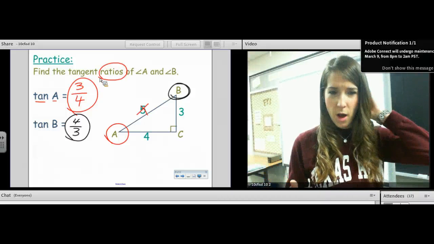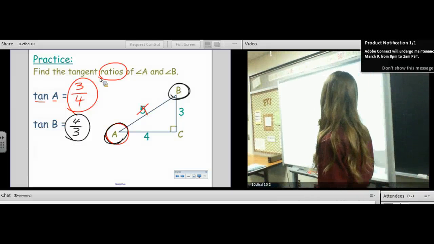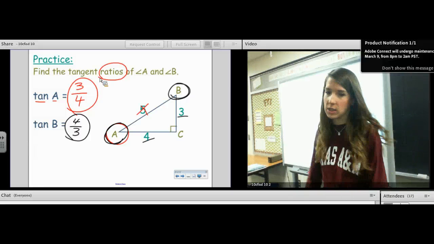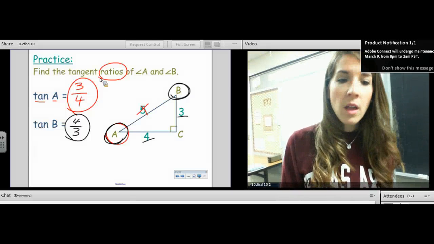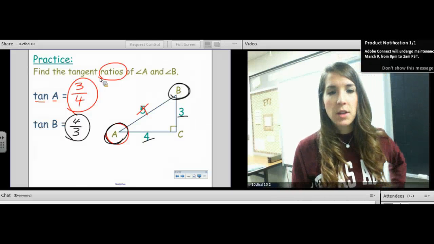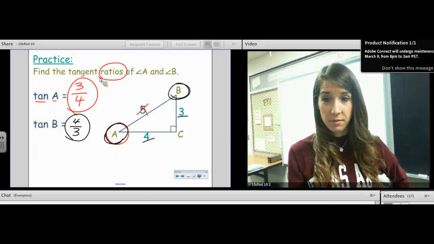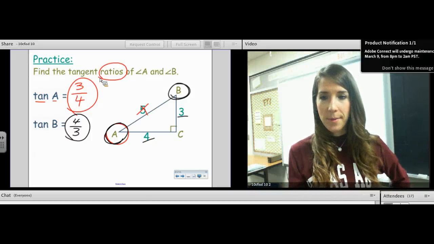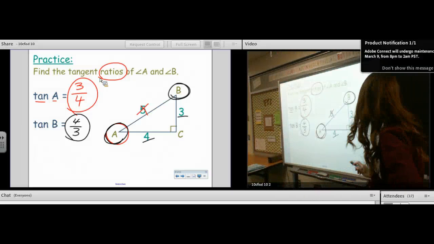Opposite means it's across the triangle. So if you're standing at A, which one's opposite you? Is it 3 or is it 4? It's 3. 3 is opposite, and adjacent means next to. Yep, it changes every time based on the angle. So if you notice, the tangent of A and the tangent of B are reciprocals. And that's not a coincidence. That would happen every time, because you're trading the opposite and the adjacent.